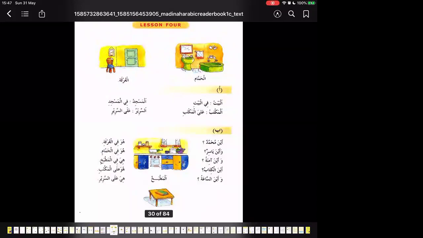So in all of these examples, we saw fi or ala. It turned the word from having dhamma at the end to having kasra at the end of the word. So the change that came was fil bayti, alal maktabi, fil masjidi, alas sariri. So it now became kasra at the end of the word.